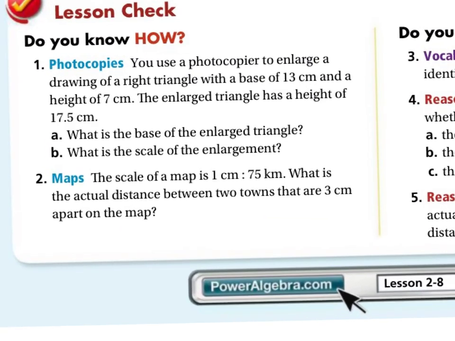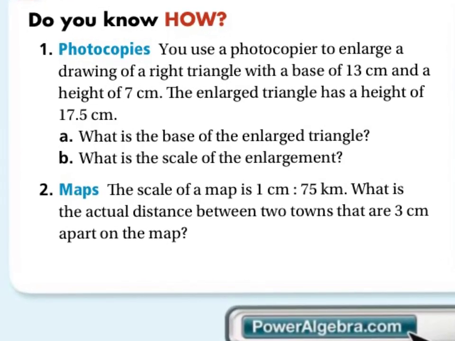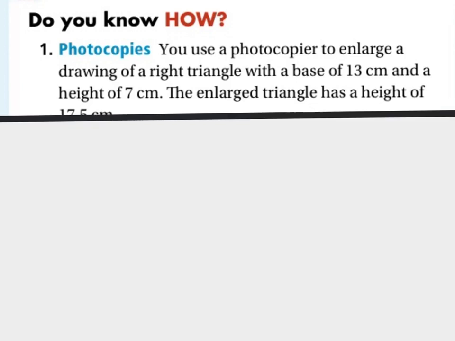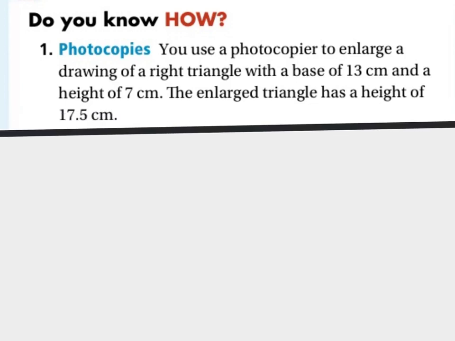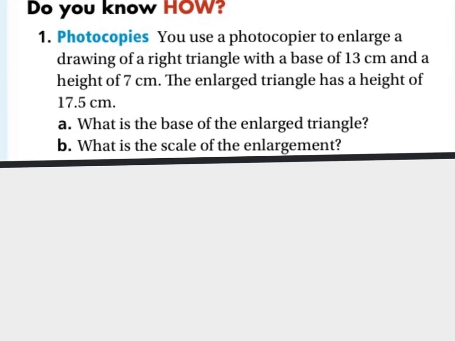So the lesson check, number 1: use a photocopier to enlarge a drawing of a right triangle with a base of 13 centimeters and a height of 7 centimeters. The enlarged triangle has a height of 17.5 centimeters. So they're asking what the base is and what the scale is.